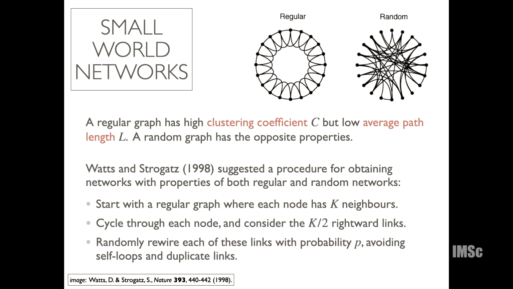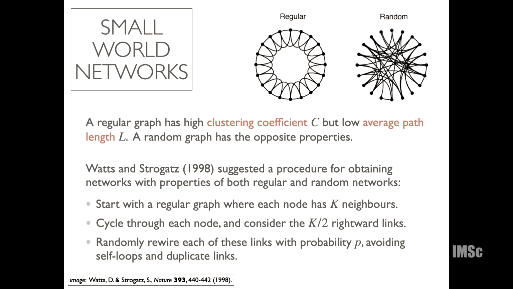You start with a regular graph like this, and every node has k neighbors, let's say. What you do is you cycle through every node, and consider the k/2 rightward links, just the links towards the right, and then you randomly rewire these links with some probability p, avoiding, of course, self loops and duplicate links.